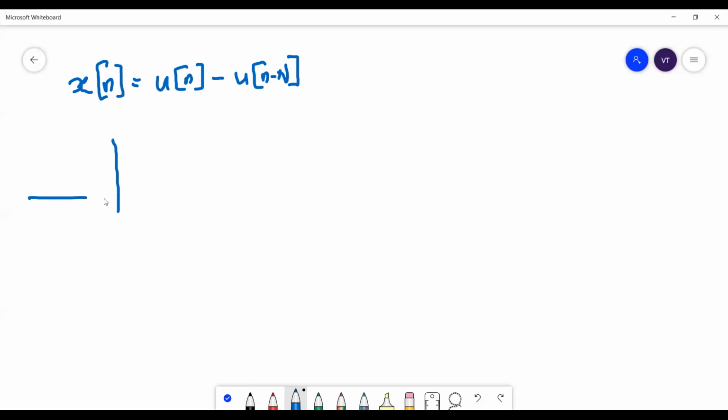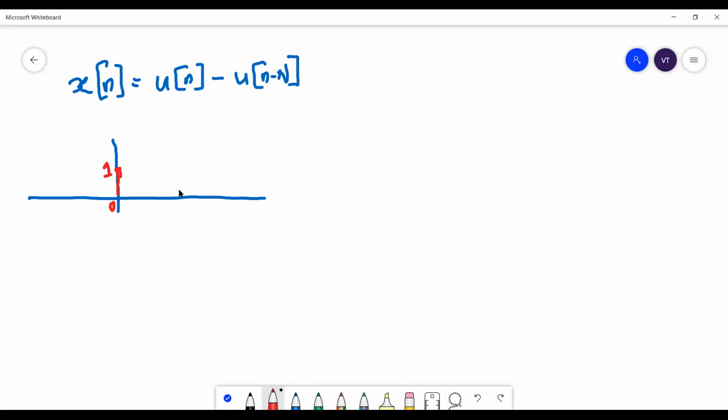x of n is u of n minus u of n minus N. So u of n would start from n equal to 0 and continue up to infinity. u of n minus N would start from n equal to N and continue up to infinity.